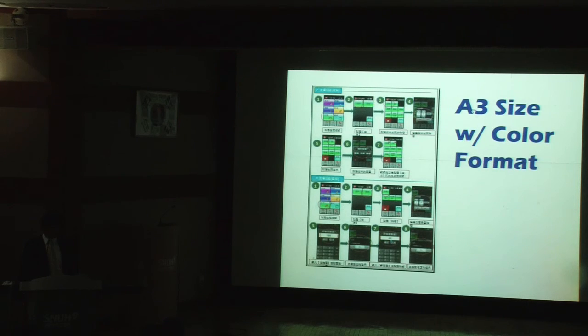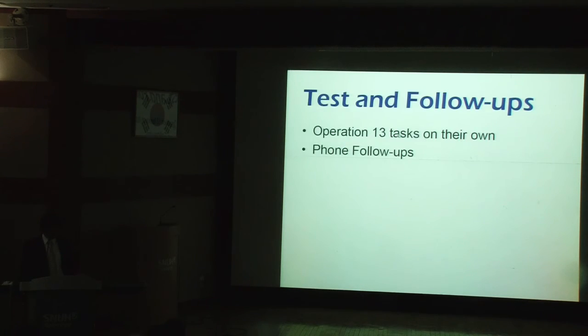So we use A3 size in color format. It costs a lot of money. We do testing and follow-up through cell phones. We provide each one with a smartphone, supported by our own communication company, just like you have a Korean communication company, right? We have a Taiwanese communication company that we just founded.